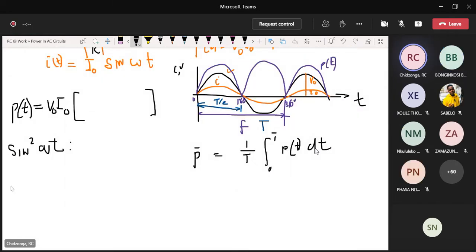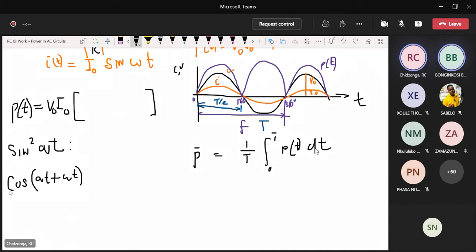We can write cos of omega t plus omega t.